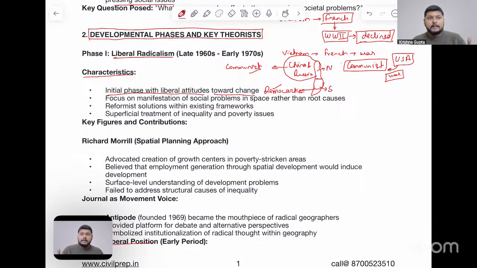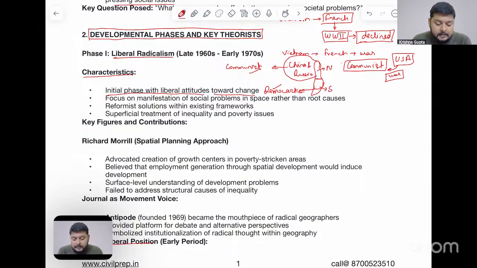But it was seen in the United Kingdom, France, and America also, that despite providing these welfare stances to these particular regions, the regions were not able to get better. So this was a result of welfareism, which was not seen as a conclusion. It was not solving the problem of the society. Therefore, this stance changed quickly.